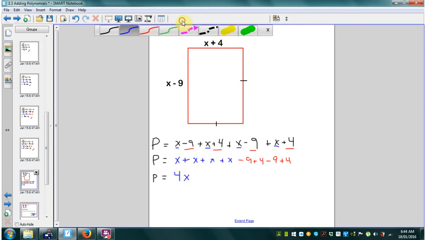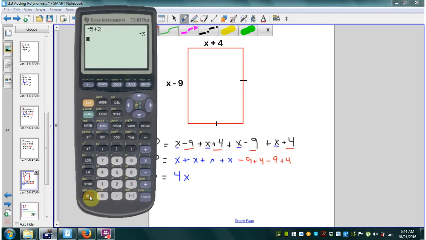And then we put our red terms together, minus 9 plus 4 minus 9 plus 4. I'm going to pop up my calculator, make sure I make no little silly mistakes. So minus 9 plus 4, minus 9 plus 4 equals minus 10.